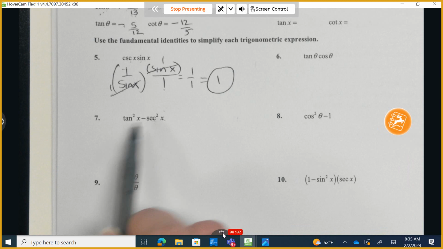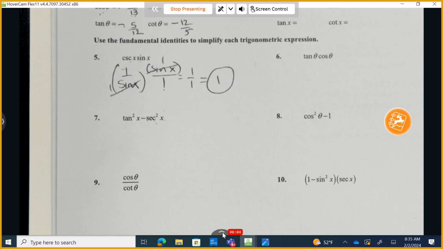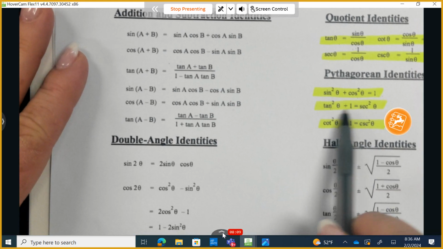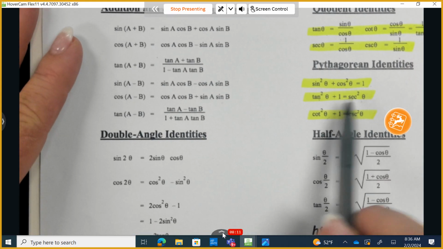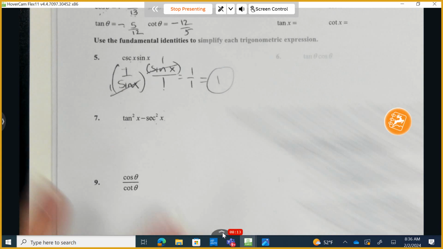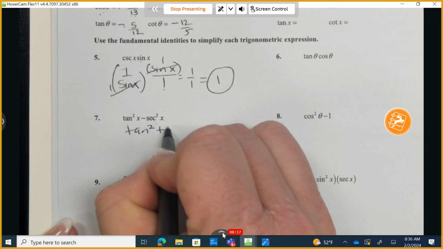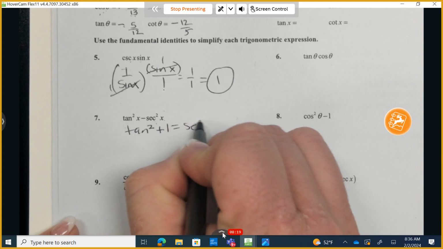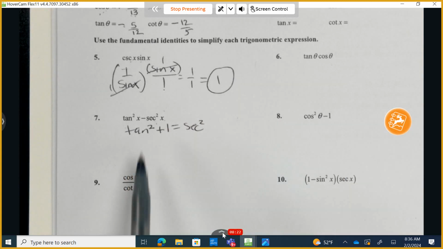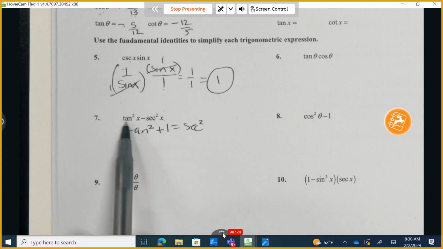Okay. When I look at this, I want to look at tangent squared minus secant squared. I see both of those trig functions in this identity. I'm going to write down this identity. Tangent squared plus 1 equals secant squared. So how can I rewrite this in this form?